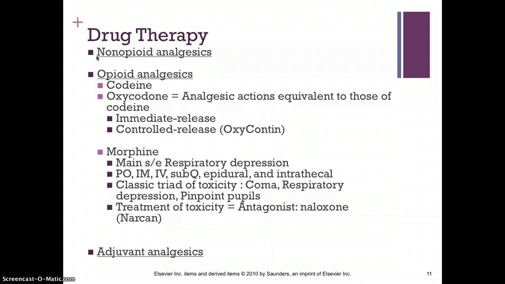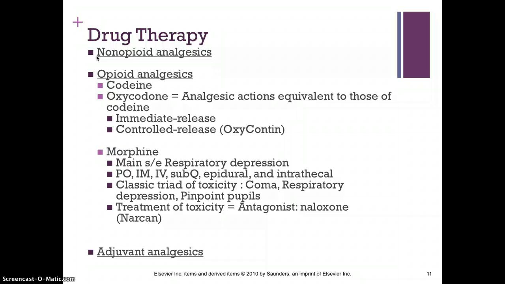Obviously, in a patient who is not pregnant, if they have too much morphine, we can reverse it with Narcan. Important here, if you have a patient on hospice care, end-of-life care, and they have the symptoms of morphine overdose, we are not going to give them Narcan to reverse the toxicity, correct? If they're on end-of-life hospice care, we would not reverse the toxicity. We would let the patient pass away.